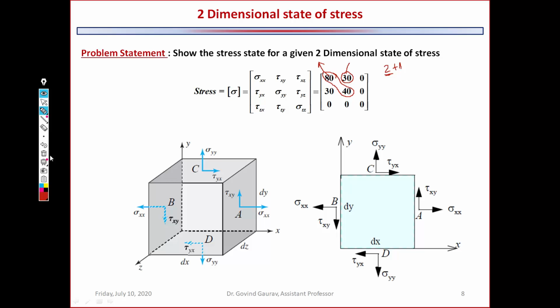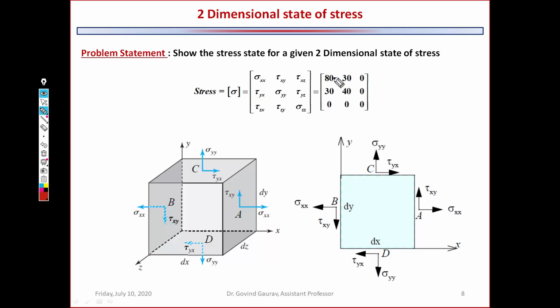As all the forces acting along the z planes are 0, there won't be any values of the forces in the z direction. So in this case, sigma yy and tau yx: the first one is the normal stress, the second one is the shearing stress. The other values are sigma xx, which is acting in the x direction, and tau xy, which is acting in the positive y direction. These arrows represent the directions of the normal and shearing stresses.